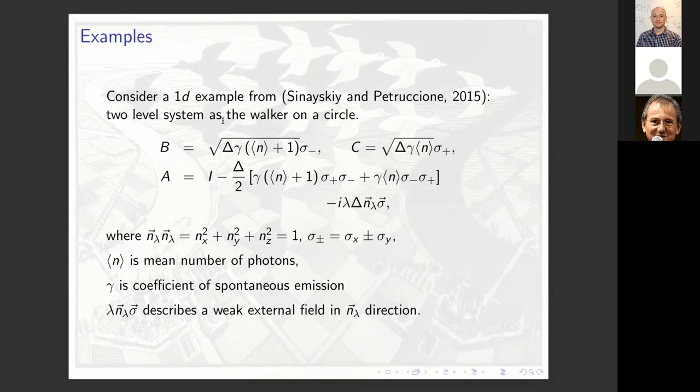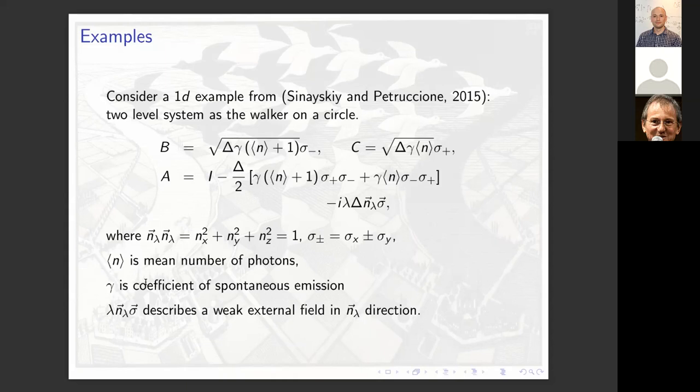Essentially, it's a two-level system, that's their walker, and it's on a circle. They define the coin operators to be this, right? So there's B, A, and C. And there are some conditions or some definitions. So this expectation value of n, that's the mean number of photons, I guess, occupying a particular mode.